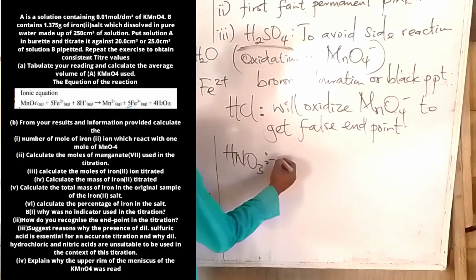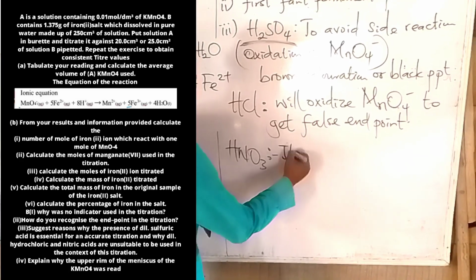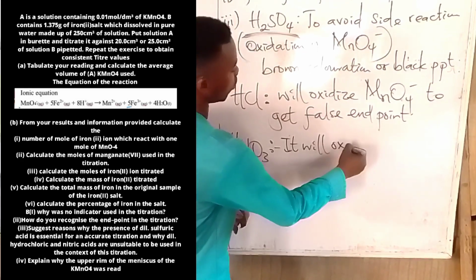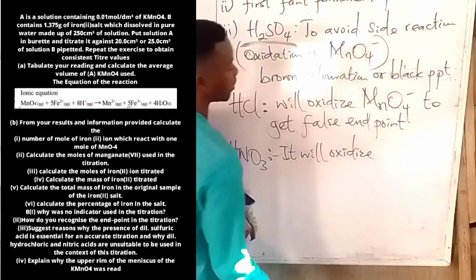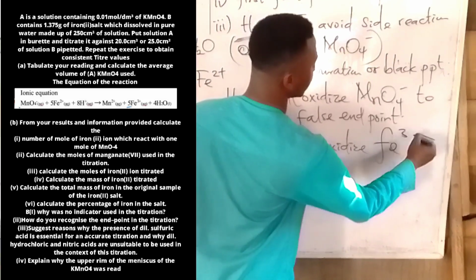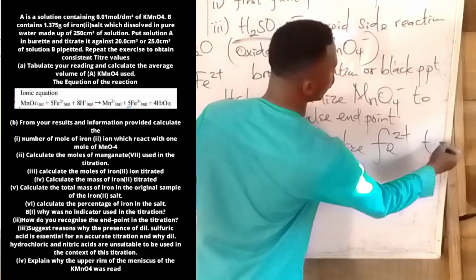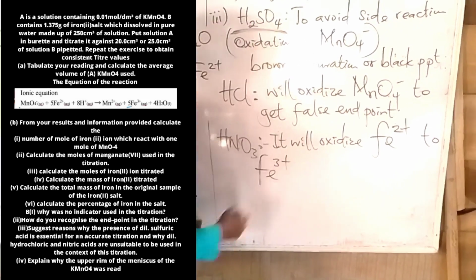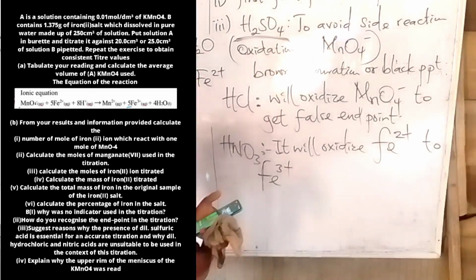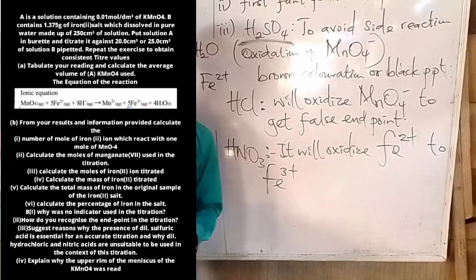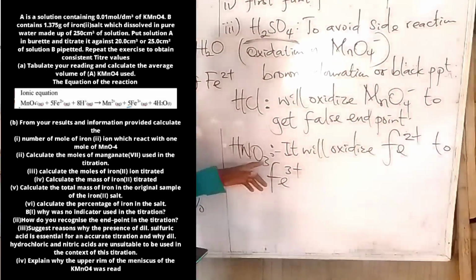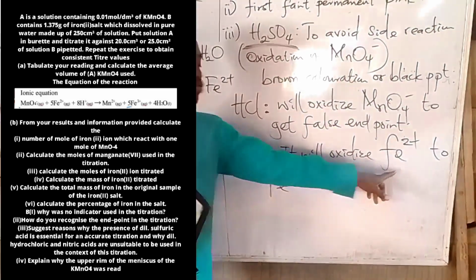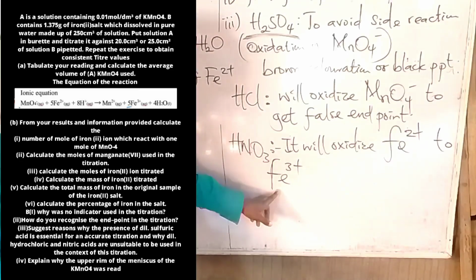HNO3 is going to oxidize Fe2 plus to Fe3 plus. Are you getting me now? So HNO3 is going to oxidize Fe2 plus to Fe3 plus.